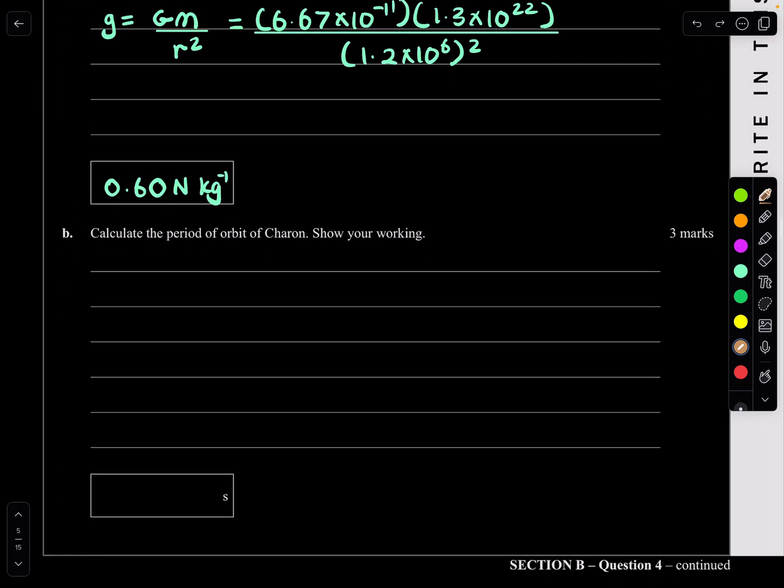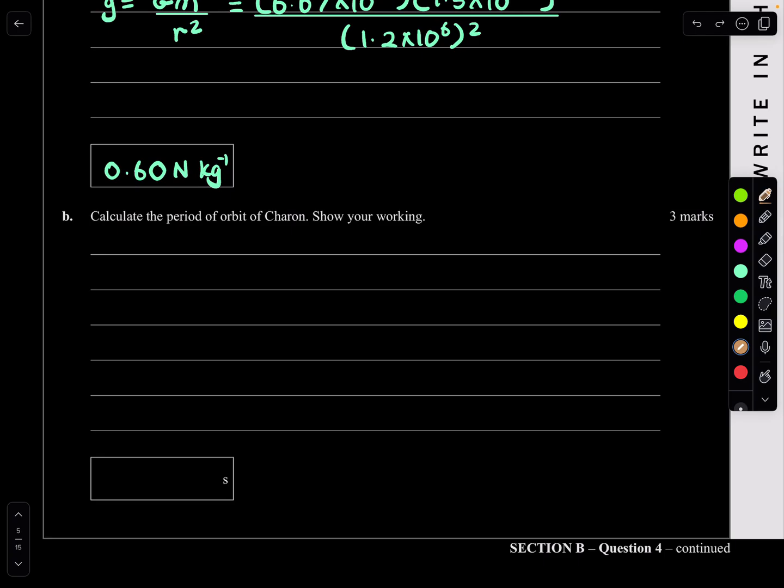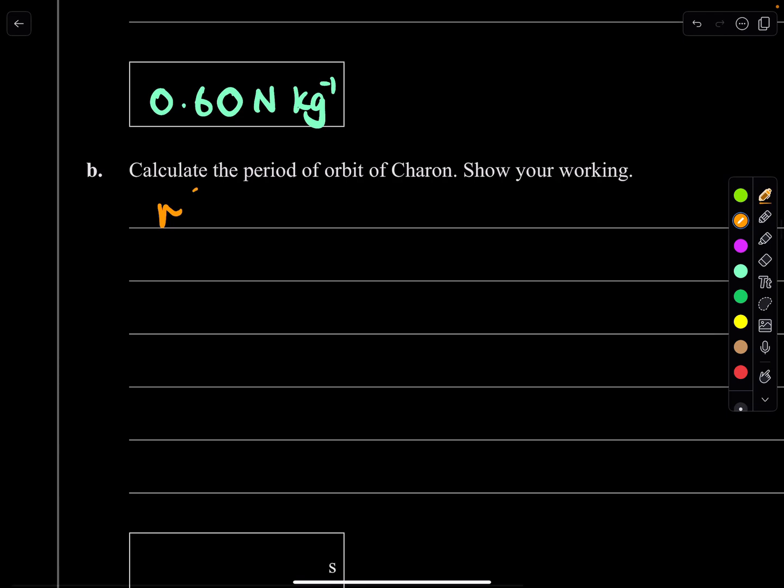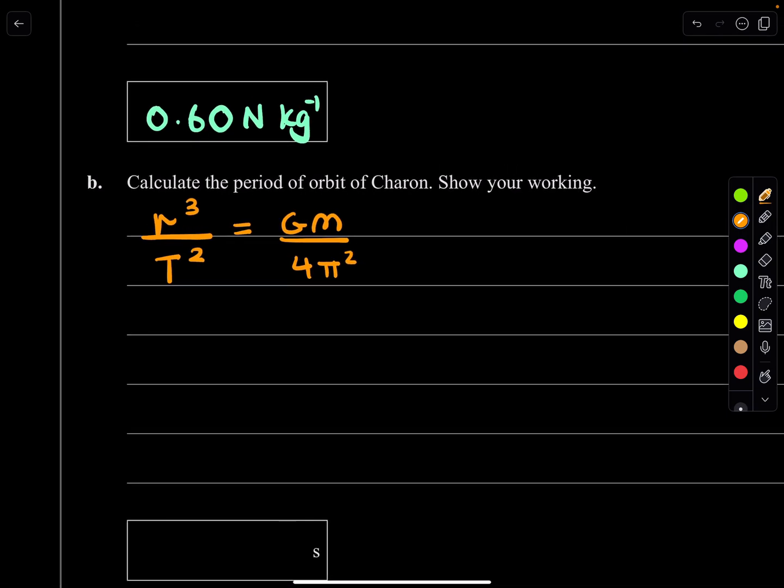So all we're going to need is Kepler's law, which is over here. r to the power of 3 divided by T squared, which is your period, and that's what we want to calculate, is equal to GM over 4 pi squared. Kind of reciprocating everything, so T squared over r to the power 3 equals 4 pi squared over GM.